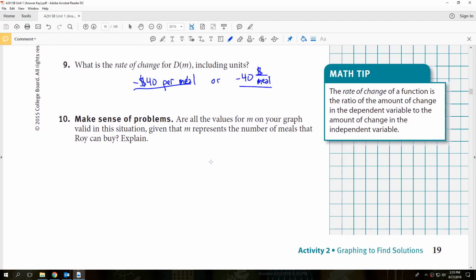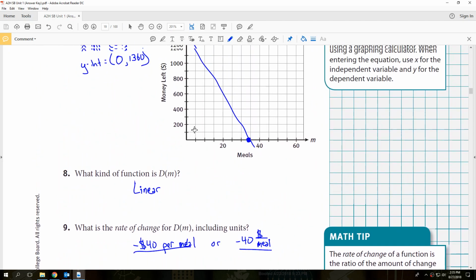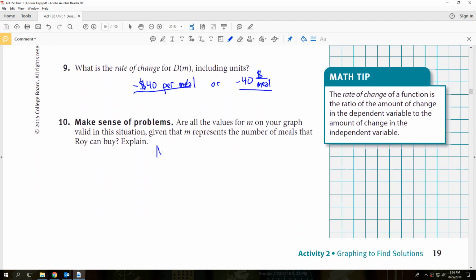All right, make sense of problems. Are all values for m on your graph valid in this situation, given that m represents the number of meals that Roy can buy? I would say no, for a few different reasons. No, you can't have negative meals, for one.